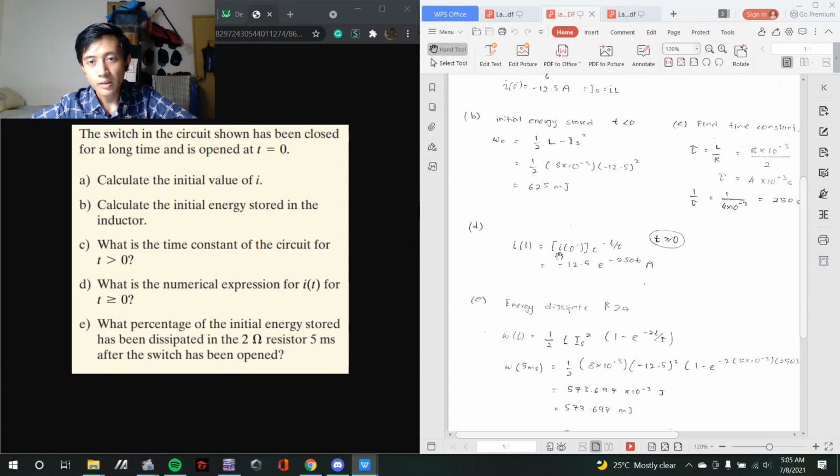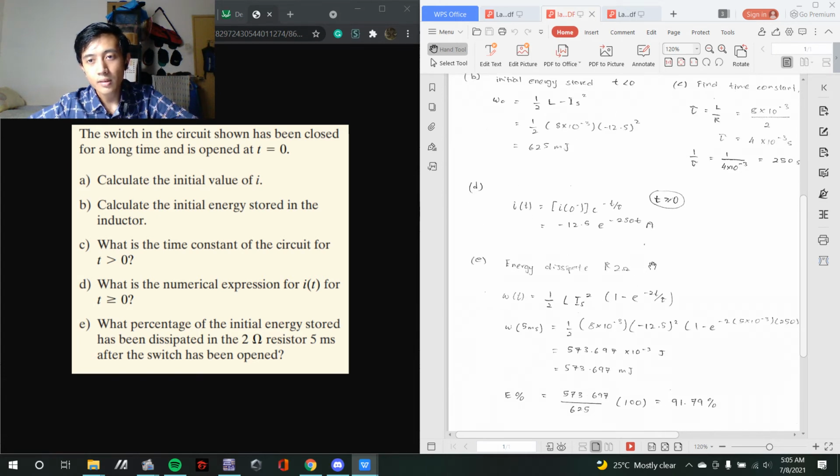The formula is the initial current times Euler's number to the power of negative t over the time constant. The value will be negative 12.5 e to the power of negative 250 t ampere. So the t is the variable that will be changing because it will be used at a certain time after the switch is opened.